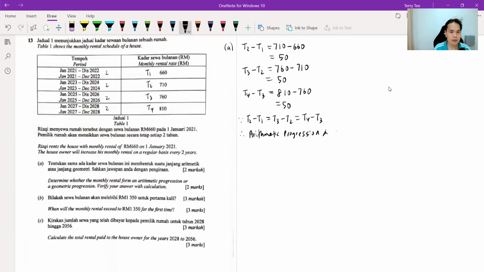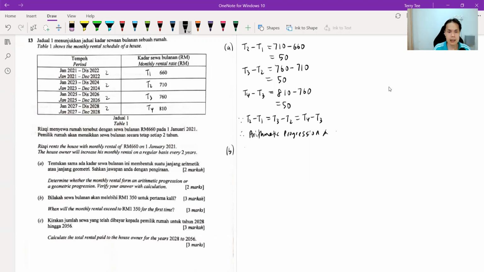Now, part B. When will the monthly rental exceed 1,350 for the first time? We want to find what is your n. Every 2 years you increase by 50 ringgit.